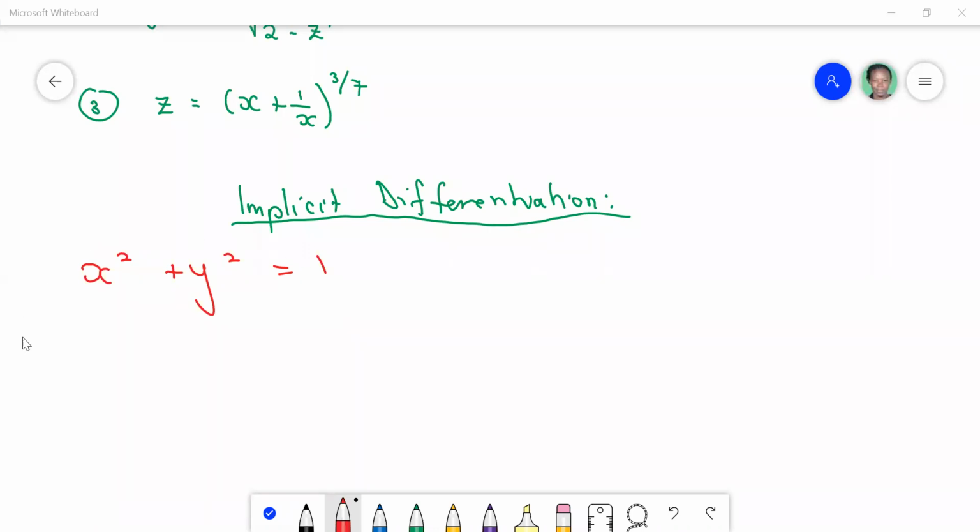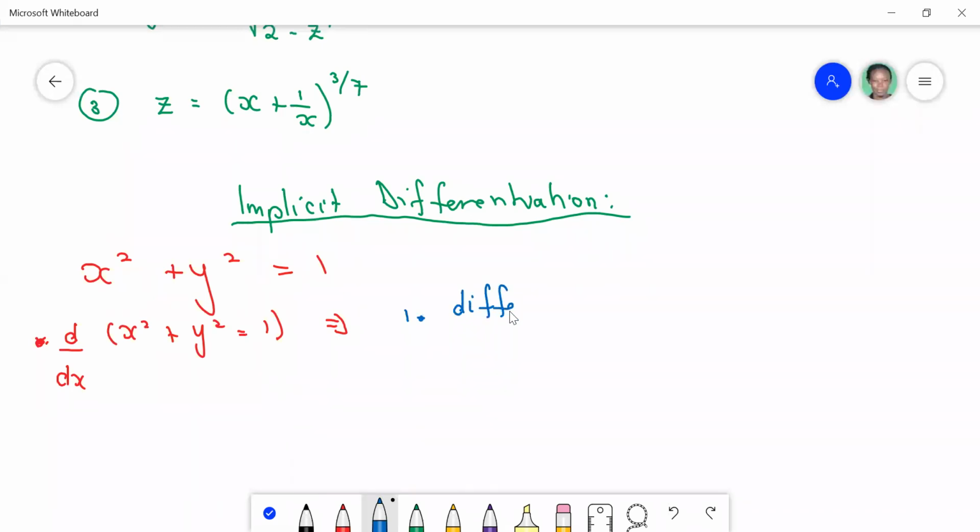So I have x squared plus y squared equal to 1, and I want to differentiate with respect to x. The first thing you do is differentiate both sides of the equation with respect to x.